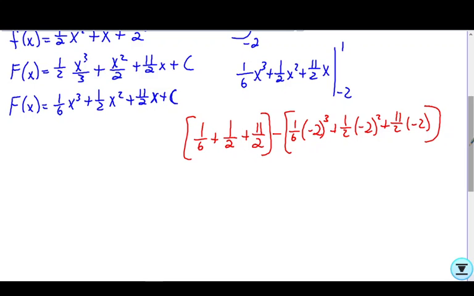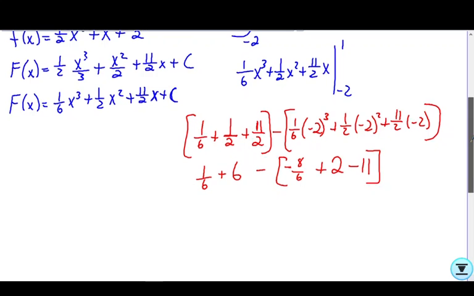Now I'm going to simplify. This ends up being 1/6 plus 6, because 1/2 plus 11 halves is 12 halves, and 12 divided by 2 is 6. Minus, now deal with these, so I get -8 over 6 plus 2 minus 11.